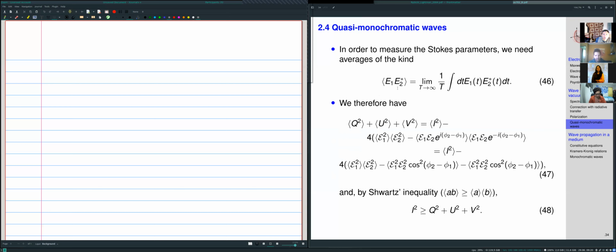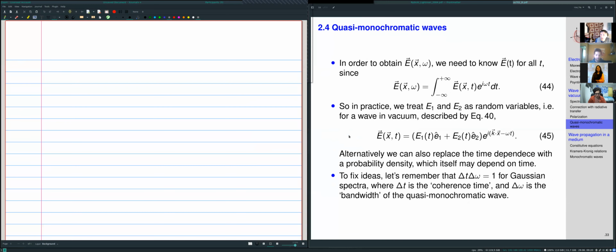These are time averages of the products of each component of the electric field. We plug this in, and we can compute the time average Stokes parameters for Q, U, and V. This is a little bit tedious. I think it's done in the textbook.